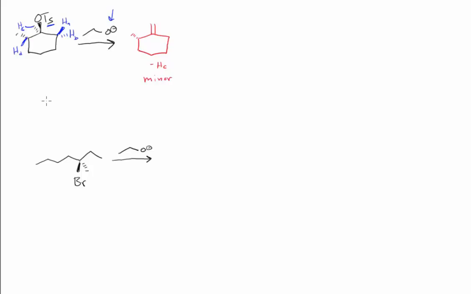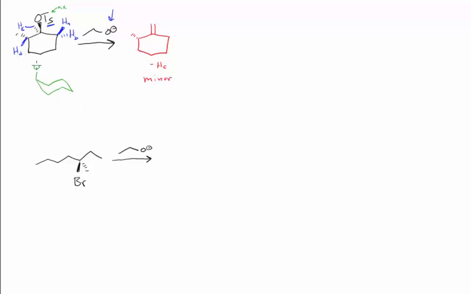As far as drawing the other products, we're going to have to look at a chair structure now because we have this ring structure, and we know that the OTs needs to be axial, and any hydrogen we use to eliminate that OTs needs to be axial in the opposite direction. So I need to draw a decent chair, and then we need to put the OTs in some position.